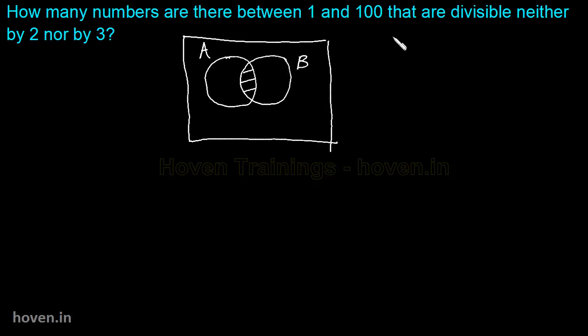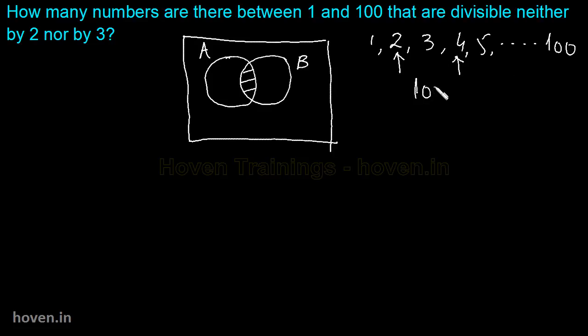Now let's see this one. 1, 2, 3, 4, 5, like this. This is the counting. Every alternate number is divisible by 2. So every second number is divisible by 2. So how many such numbers will be there between 1 and 100?